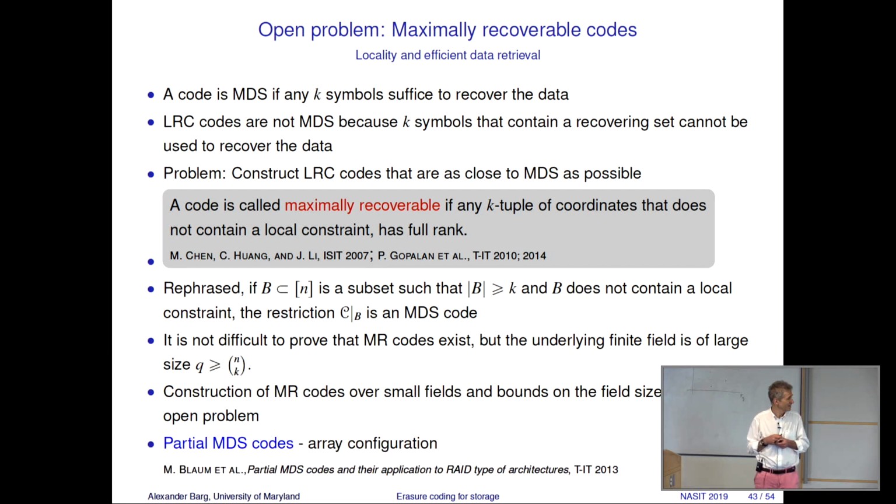All right? Oh, partial MDS. Partial MDS is the same concept, but it comes from distributed storage applications and array structures that are attuned to RAID architectures. They impose specific ways of constructing MR codes, and that has been championed by Mario Blaum and co-authors for a good number of years now.